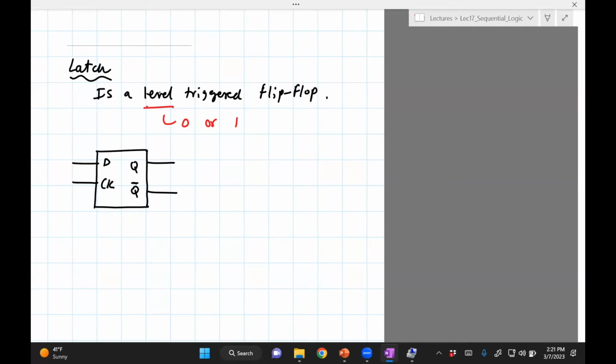Okay, so in the absence of a hollow circle in front of the clock, that would mean it's a positive level triggered flip-flop. And the triangle is missing, so it's not an edge. So we have this truth table. D is an input, CK is an input, Q and Q bar.